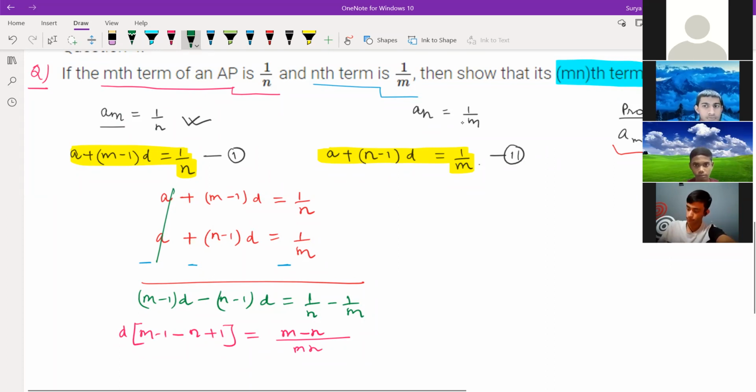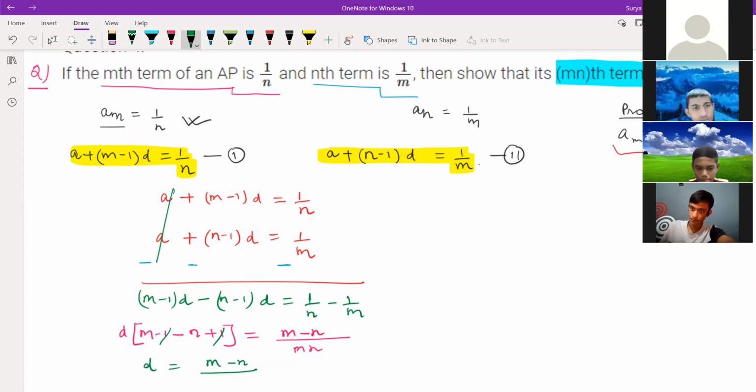In this case, minus 1 and plus 1 will get cancelled, and we can write d is equal to (m minus n) divided by mn into 1 divided by (m minus n). So this will get cancelled over here. So the difference d you get as 1 by mn.